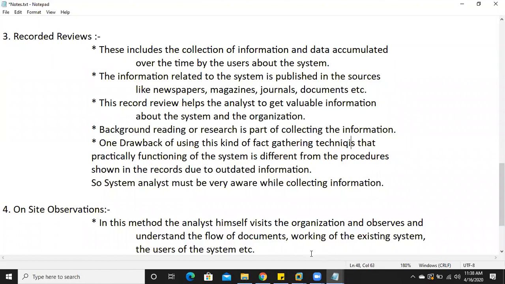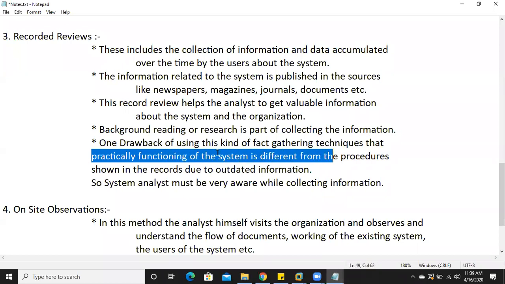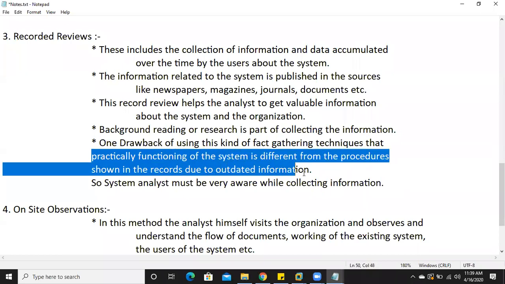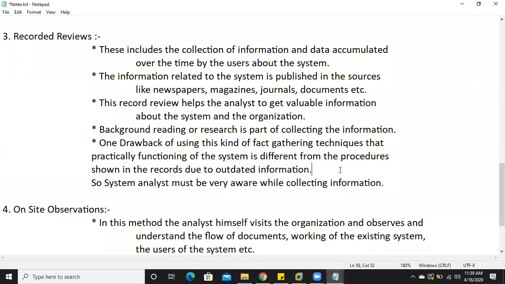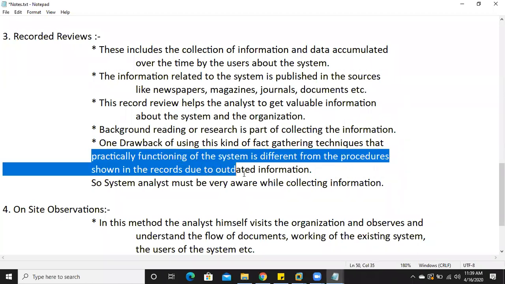If we use recorded reviews as a type of fact gathering technique, there might be a chance that the practical functioning of the system is different from the procedures shown in the records, due to outdated information.